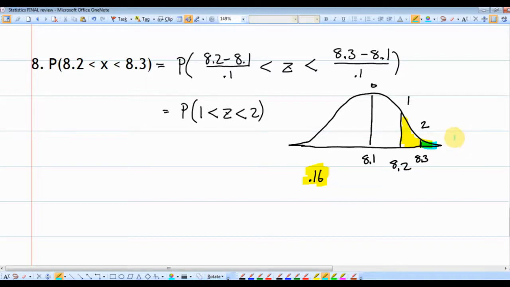Should be 0.025. You got 0.025 because you have 5% left for both sides, and then that's the 5% right there.